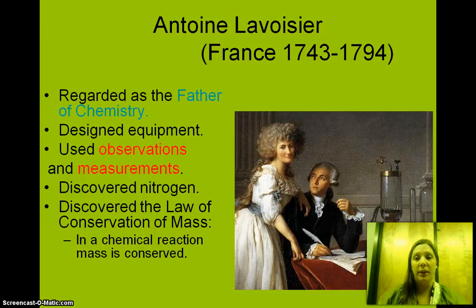So he really started a science of exact measurement, okay, so that we could use math to analyze our scientific experimentation. Okay. Now there's other things that he did. He also made a lot of lab equipment. He discovered nitrogen, and he also discovered the law of conservation of mass, which is fundamental to chemistry, and we'll talk about that a little bit later.